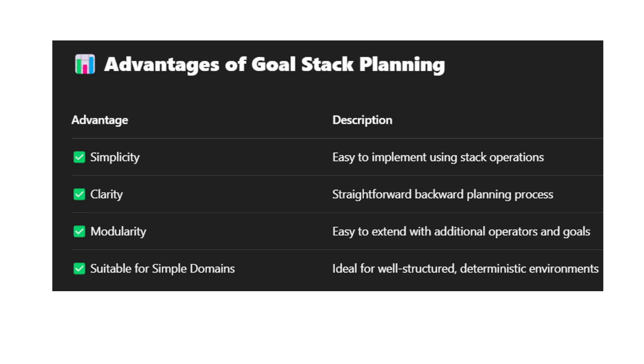Flexibility is not there in goal stack planning, but in partial order planning, it is highly flexible. Concurrency is not at all supported by goal stack planning, but concurrency is highly supported by partial order planning.